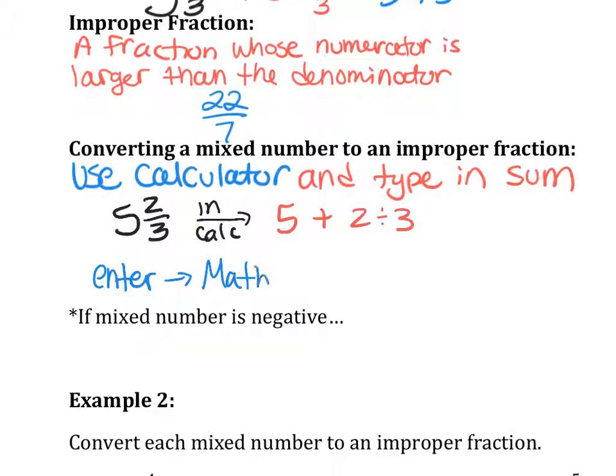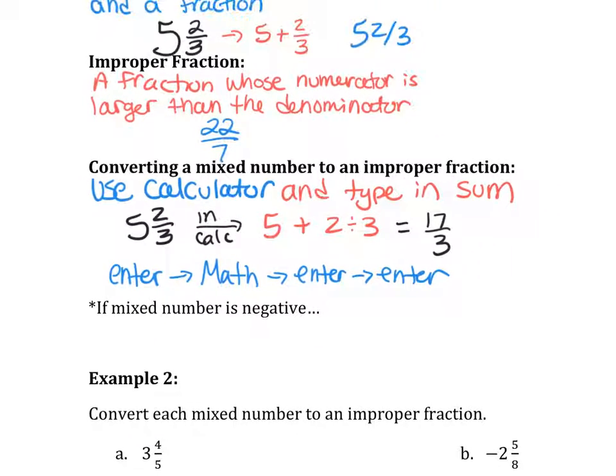So 5 plus 2 divided by 3, enter, and then the math button, and enter 2 more times. And you should get 17 over 3. Guys have any questions about that?